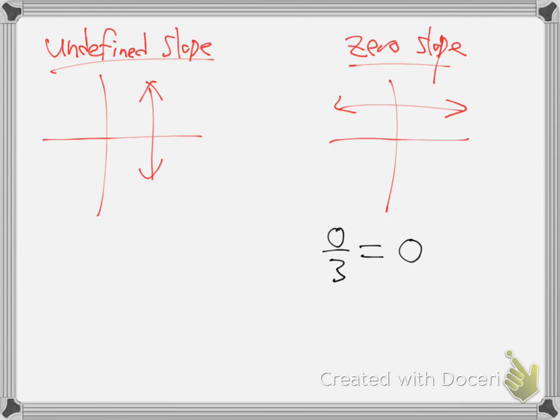Okay, that we know. But what if you put the 0 in the bottom? What does that mean? What is 3 divided by 0? Well, let's think about what a fraction really is. If I said I had 1/3 of the pie, you all know what that means.